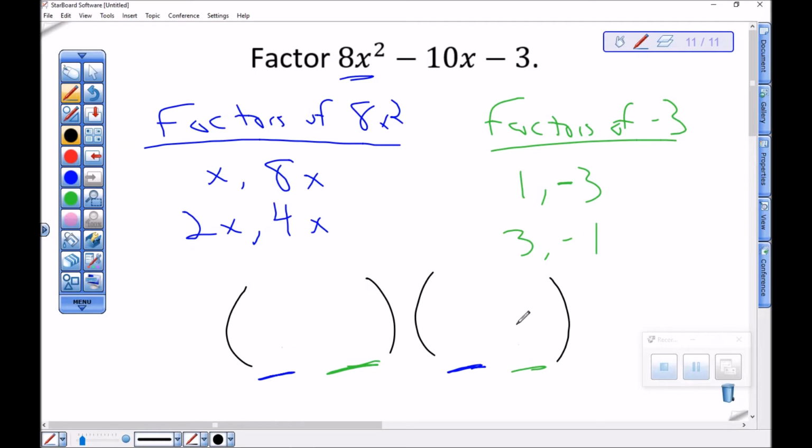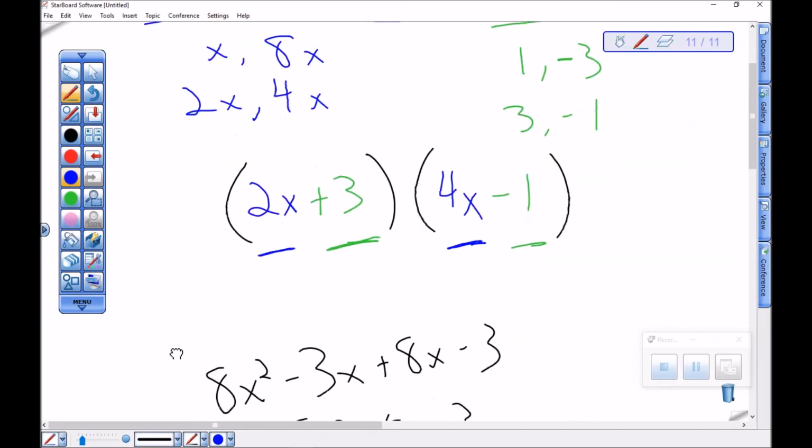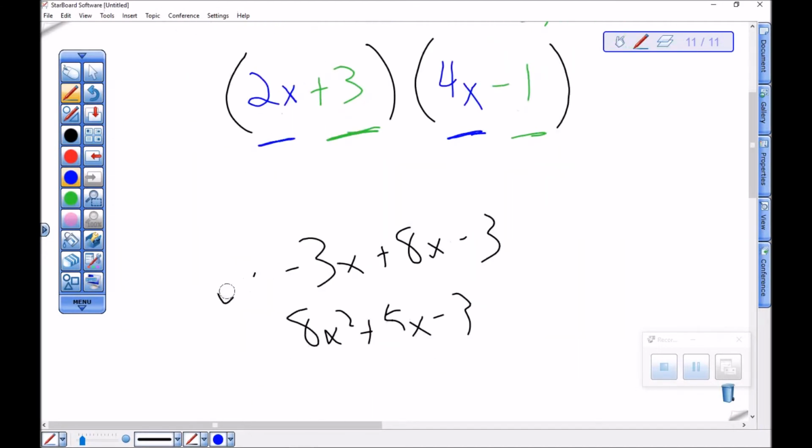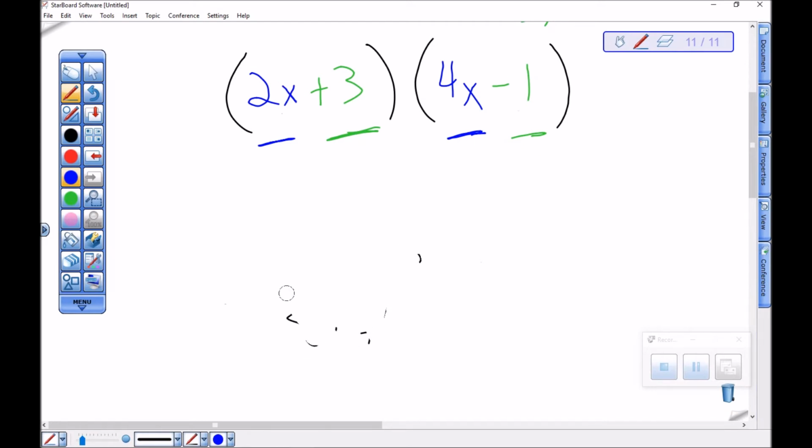So let's try another pair. Let's move on to this 2x and 4x maybe. And I don't know, let's try them with plus 3 and minus 1. Let's see if that's the right thing. So again, I want to FOIL. Give myself a little room to work here. First times first is 8x squared.